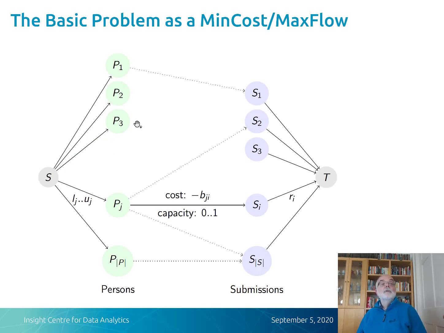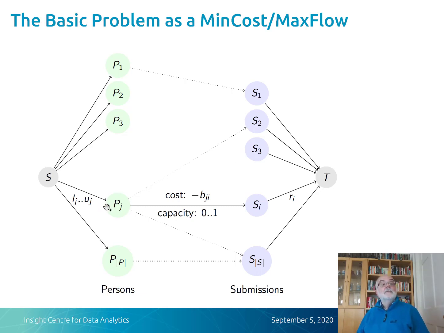The basic problem for the conference paper assignment is relatively easy. It can be seen either as a bipartite matching problem or as a min-cost max flow problem. Here we have the flow version. On the left we have the persons, the reviewers, and on the right we have the submissions. And the reviewers express preferences for certain papers, not necessarily for all papers.